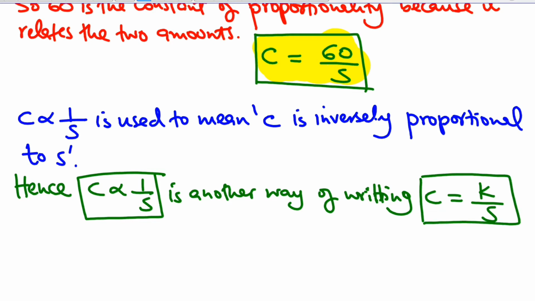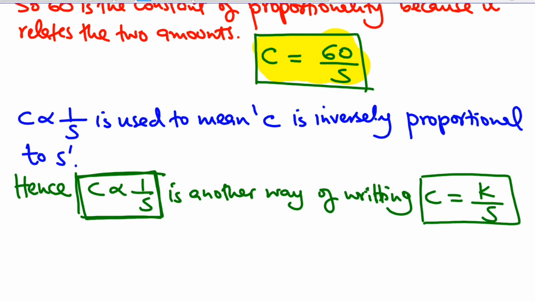Because when two quantities are inversely proportional, there has to be a constant that relates them. So C is inversely proportional to S, and this is how we write it. It is another way of writing it, because there's a constant that connects the two quantities.